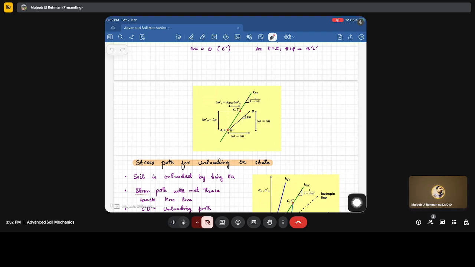With the slope of this line K naught C, which is 1 divided by 1 minus sin phi, we will be able to determine this portion, the increment B dash C, C dash. So delta sigma R dash is equal to K naught C times delta sigma A dash.